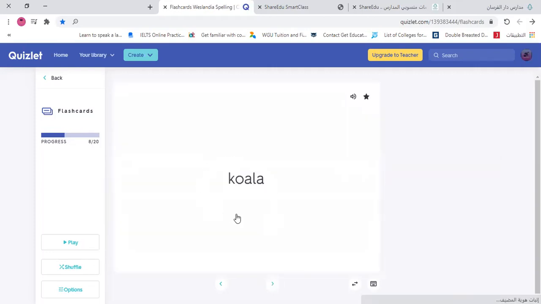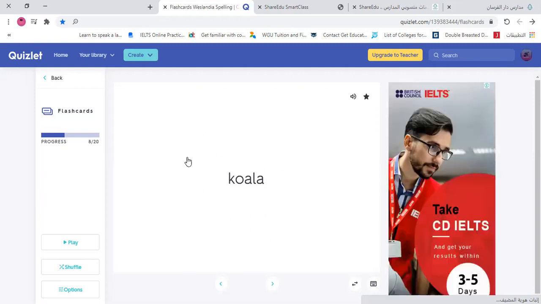And then we have a koala. Where did the koala exist? Who can tell? I know, Peru. No. Australia. So the koala is a very famous animal that exists in Australia.